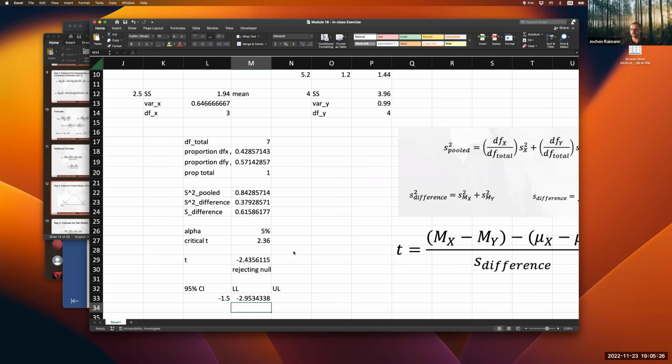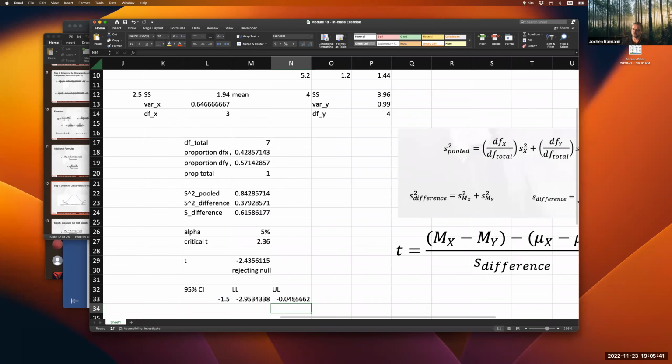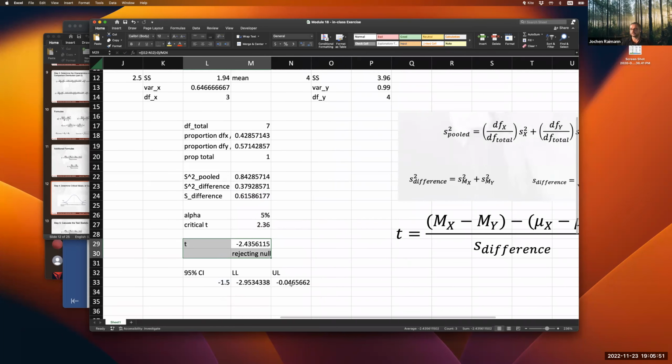So that would give us a lower limit of -2.95 and an upper limit of the mean plus 2.36 multiplied by the standard deviation of -0.047.